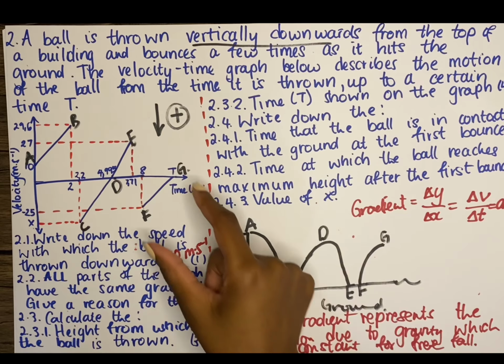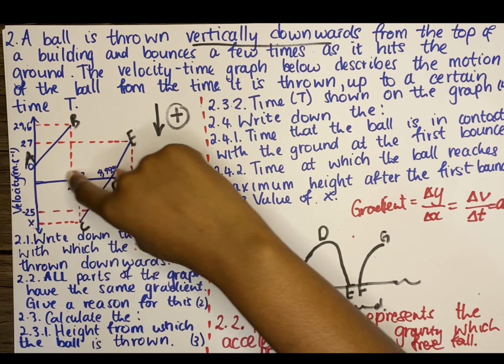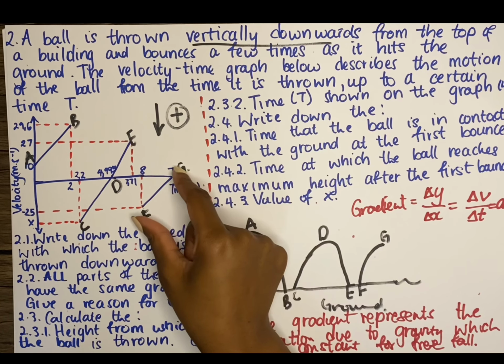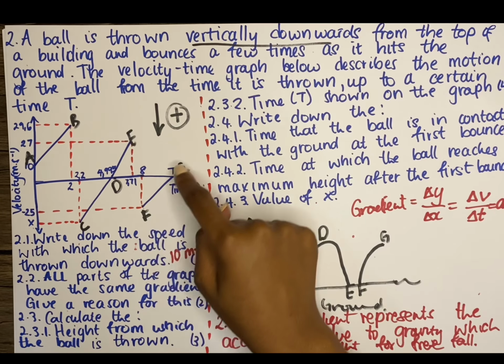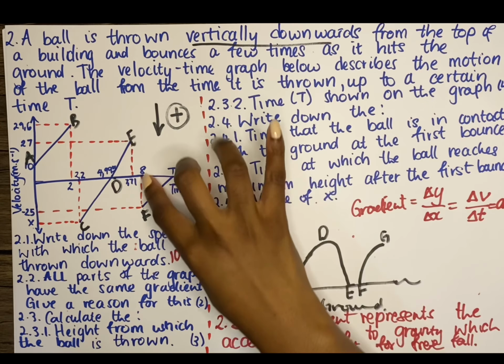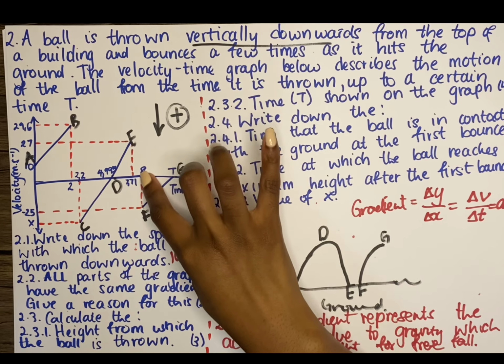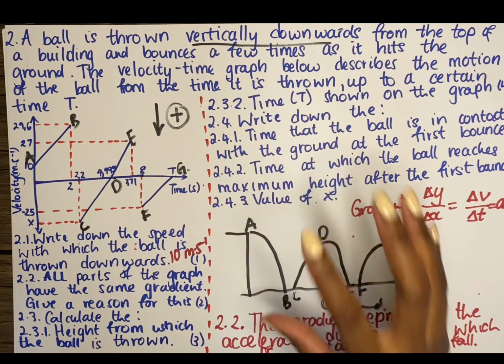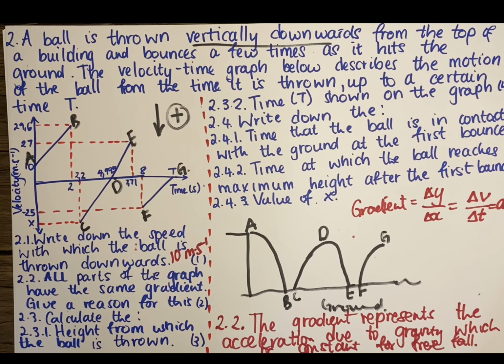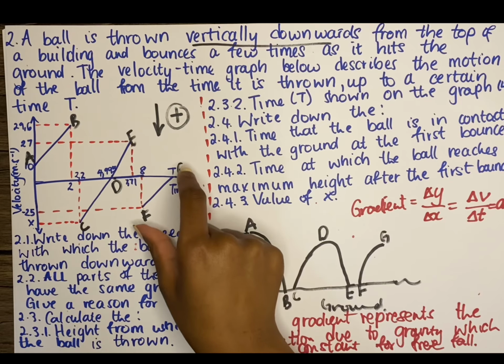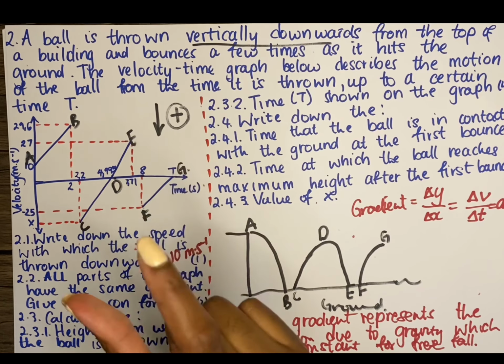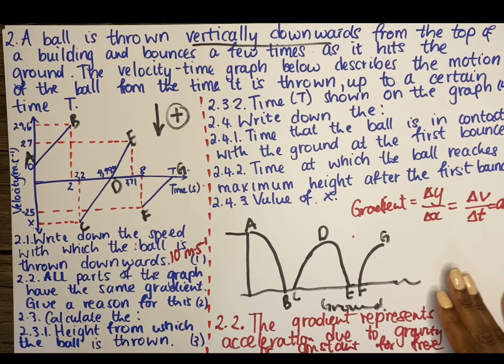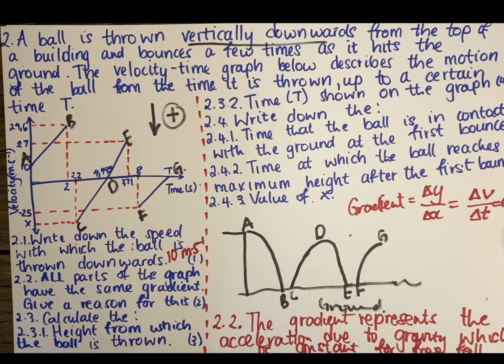So since I have the time all the way to F, I can find the time from F to G and then add it to the time that I already have, and then I can get the time t, right? So what I'm looking for is FG, the time for that duration of the motion.